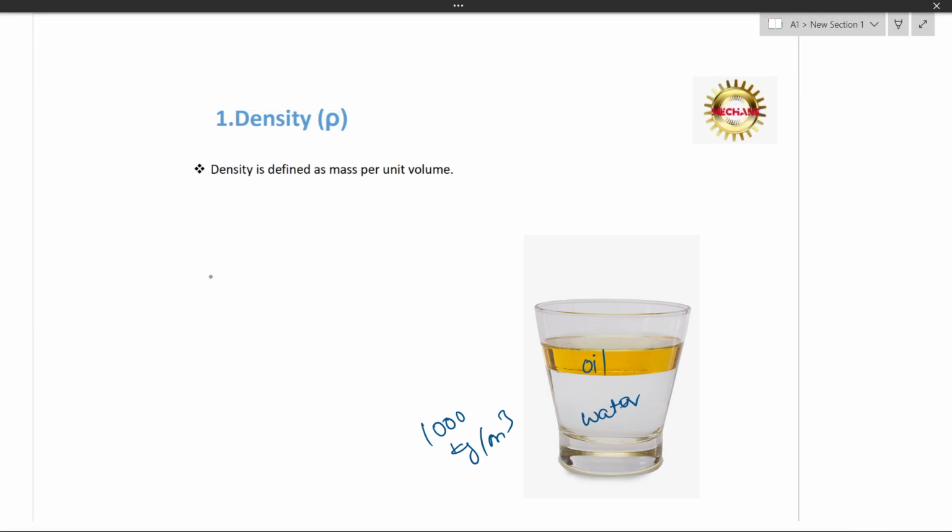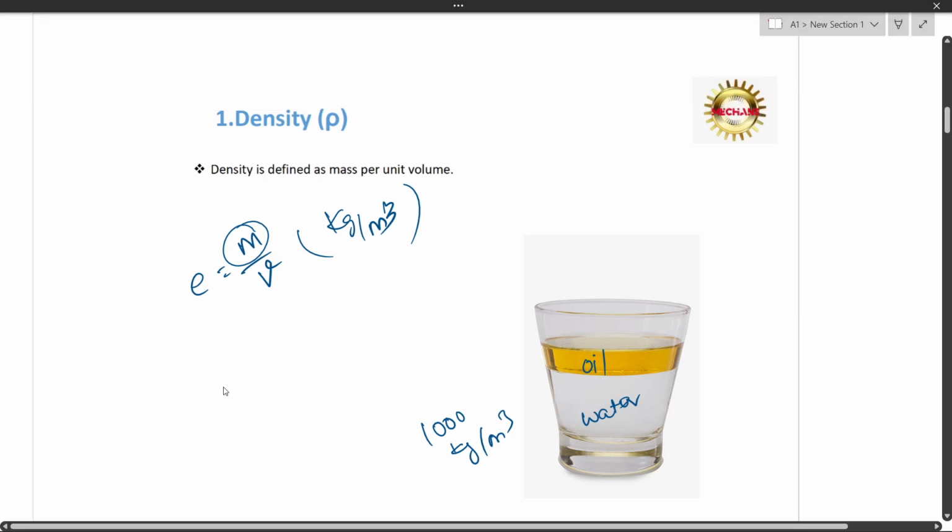Density we usually measure with the formula mass divided by volume, and the unit of density is kilogram per meter cube. And here we mention mass. So what is mass? It's nothing but the amount of substance that a fluid has.